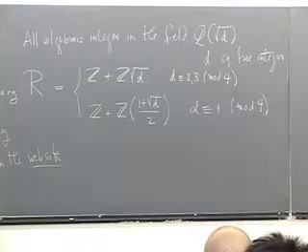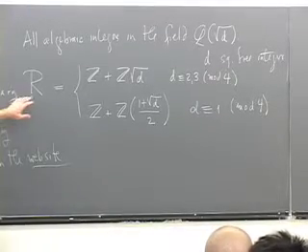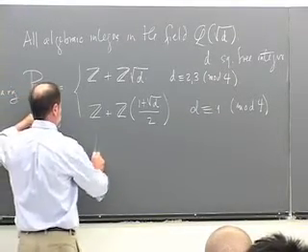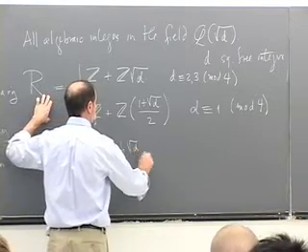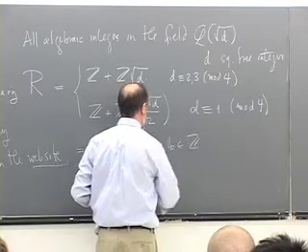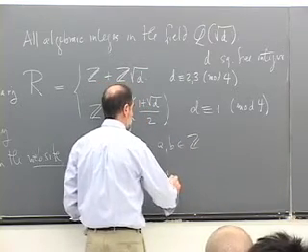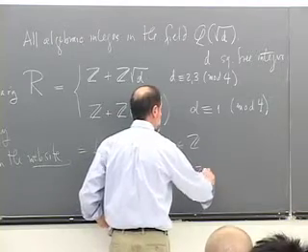Now, there's a nice uniform way of writing this. The elements of the algebraic integers are of the form a plus b root d, where a and b are integers, or a and b are half integers which are not integers.